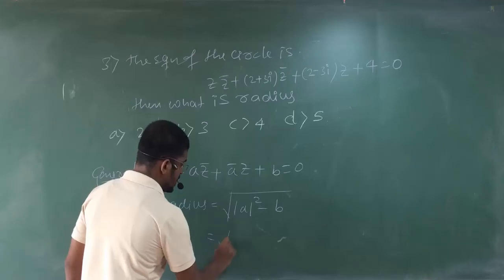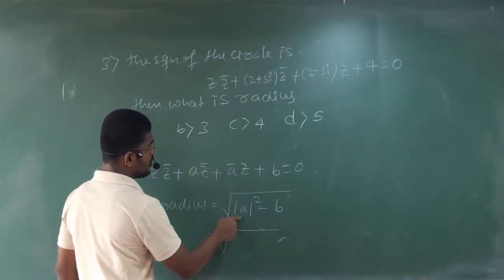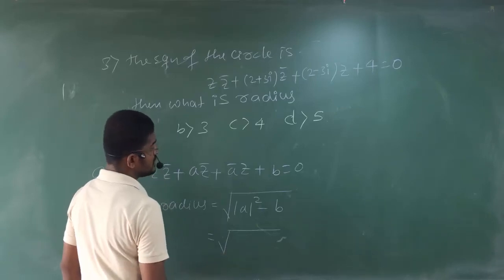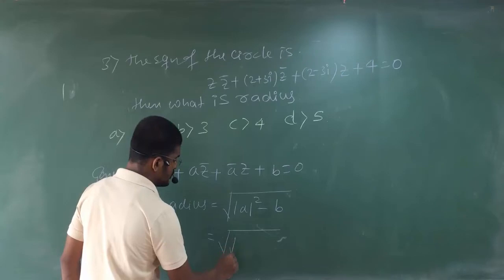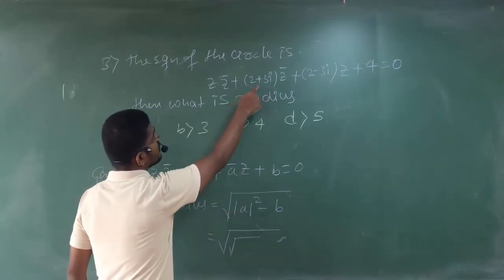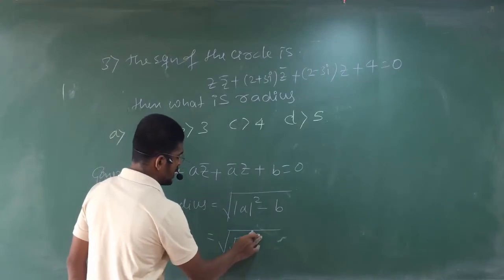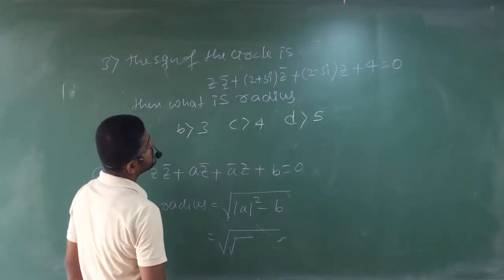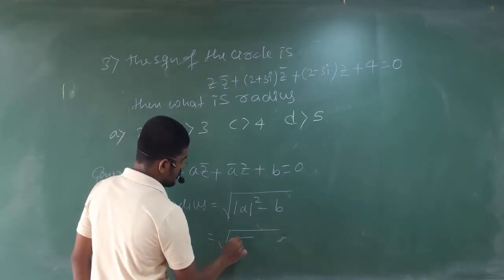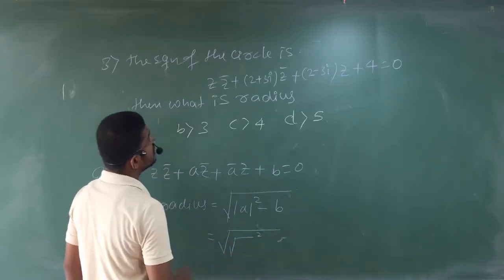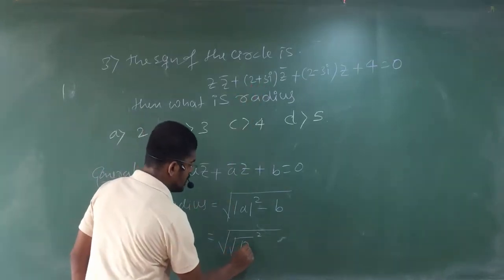So mod a means, where a is 2 plus 3i, the square root of 2 square plus 3 square. 2 square plus 3 square is 4 plus 9, that is 13. Mod a square is 13.